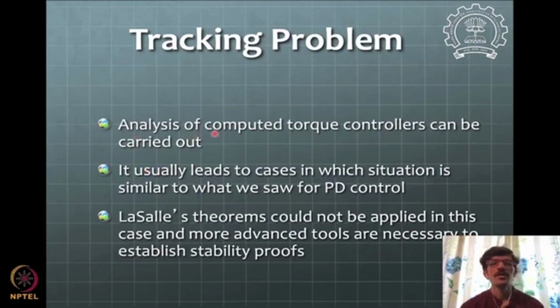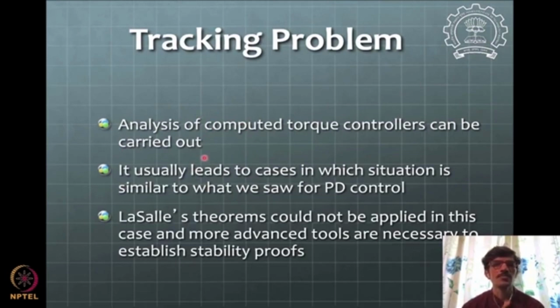For analysis of computed torque controllers, one can use this computed torque control and see whether we can use our Lyapunov theory to get something from there. The problem here is that the Lyapunov theorem you will not be able to apply, so I would leave this analysis to you. You carry out this analysis, and then some things will make sense.